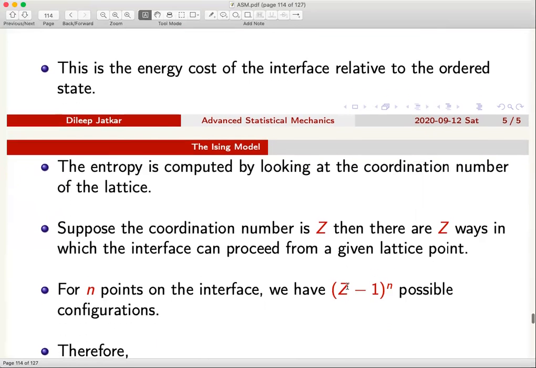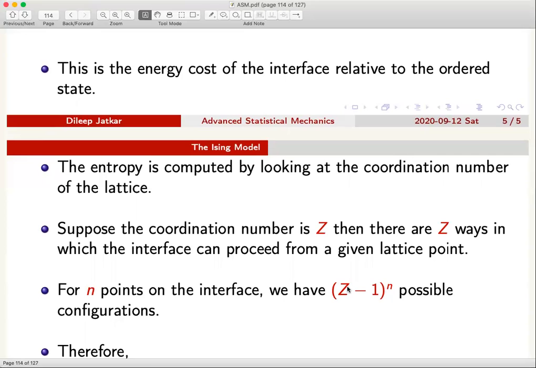There is a small question. What is the correct configuration here? We are sort of drawing an interface of n points, and then asking which point to choose next. You're just drawing the interface. All you're trying to say is that there are n locations across which the spin is flipping.